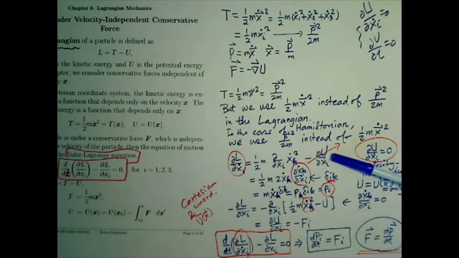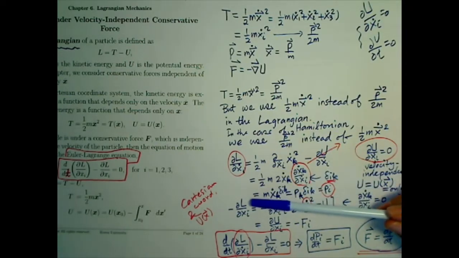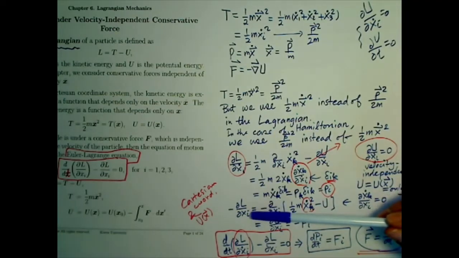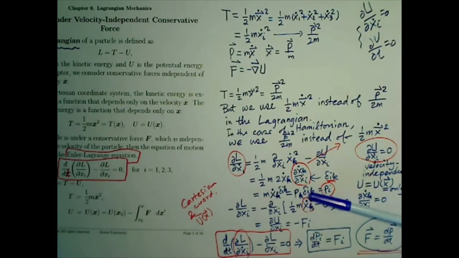And then if I take the derivative of the Lagrangian with respect to the coordinate, as you know, the kinetic energy depends on the velocity, xk dot. Therefore, if I take the partial derivative with respect to the coordinate, this contribution vanishes and only the potential energy contribution survives.